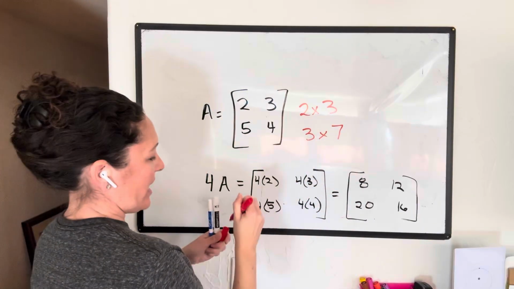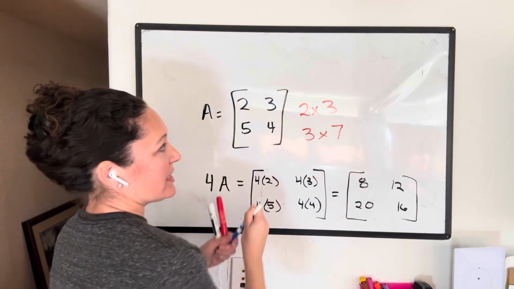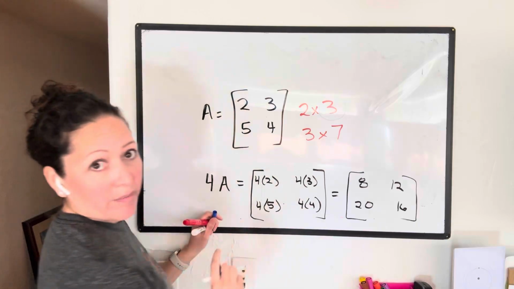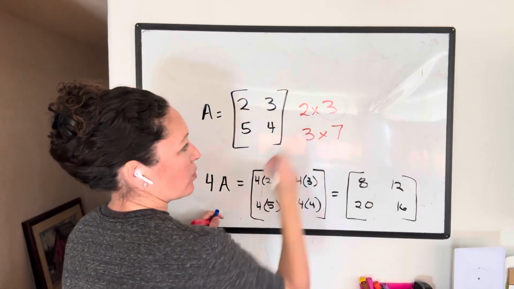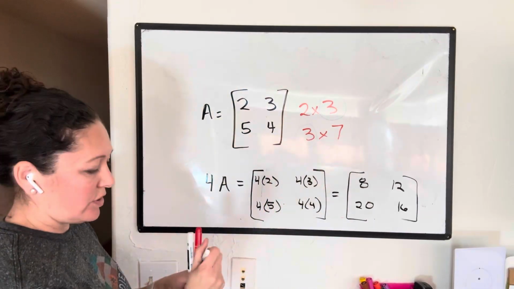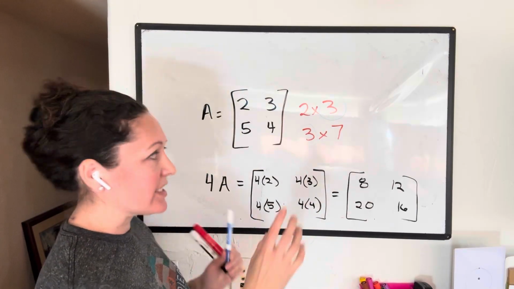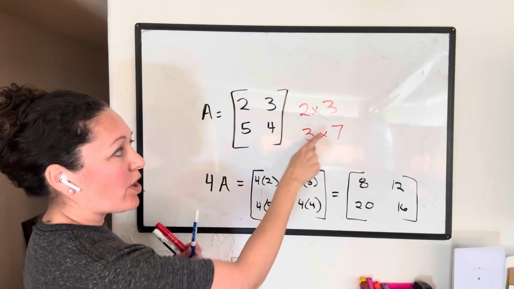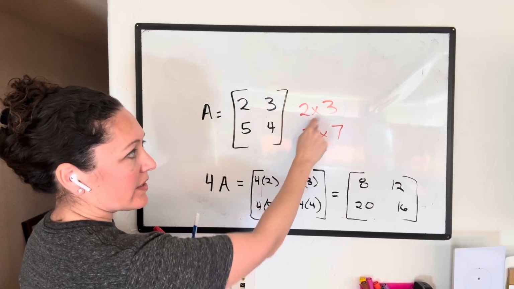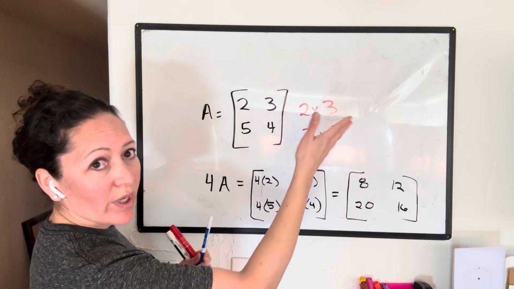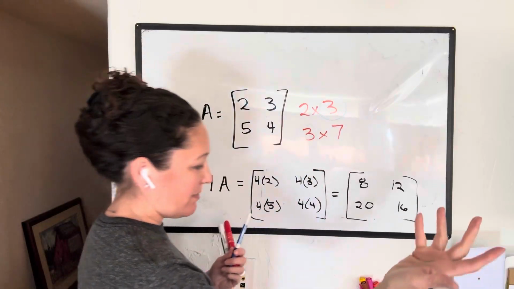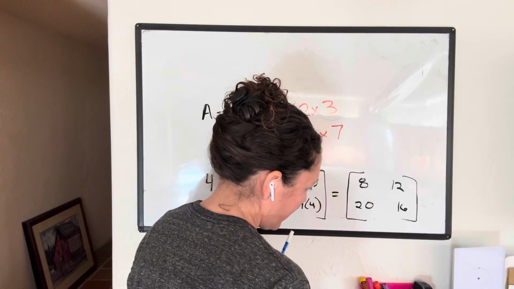It doesn't matter what that number is. What matters is that the column of one matrix has to match the row of the other matrix in order for you to be able to multiply them together. So those are the two rules. For adding and subtracting, they have to be the same size. For multiplying, the inner amount, the rows of one matrix has to match the columns of the other. Okay.